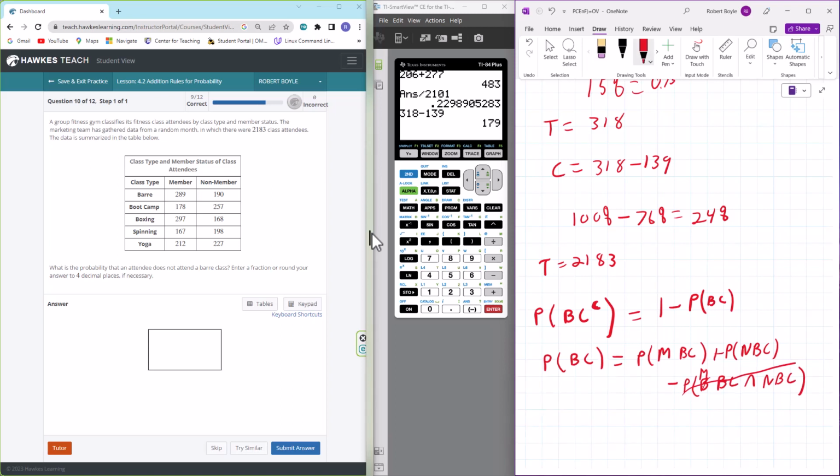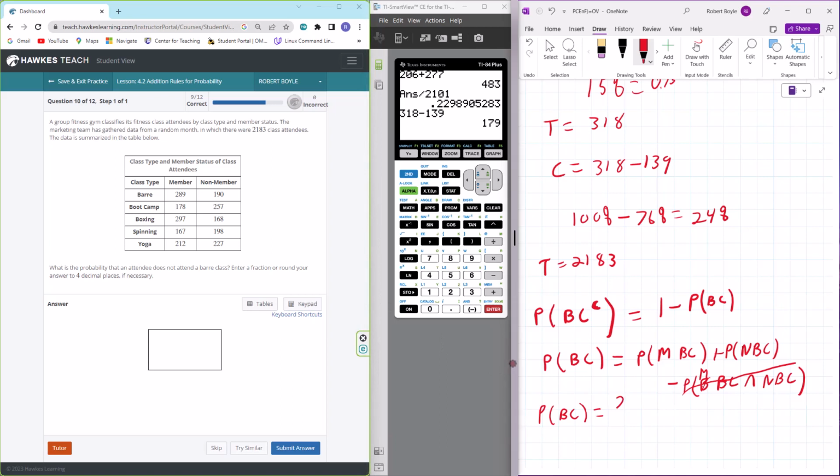So that means that the probability of an attendee attending bar class is going to be the probability of members attending bar class, which is the number of members, 289, divided by the size of the sample space, 2183, plus non-members attending bar class. So we had 190 attend bar class, divided by 2183.